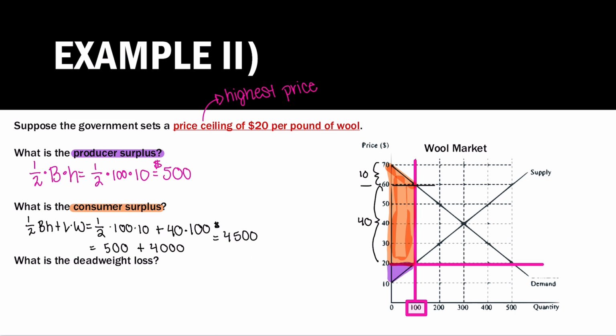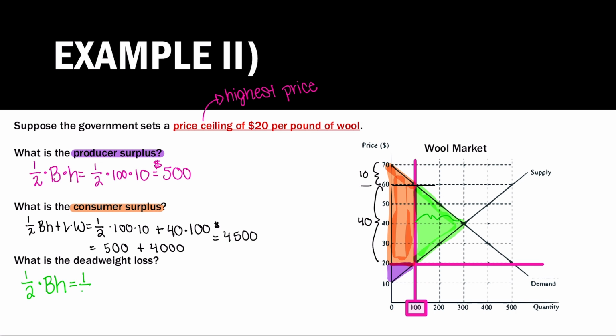What is the deadweight loss? The deadweight loss is the area of the triangle in the middle. Our height is the difference between this quantity and our equilibrium quantity. So our height is going to be 300 minus 100.